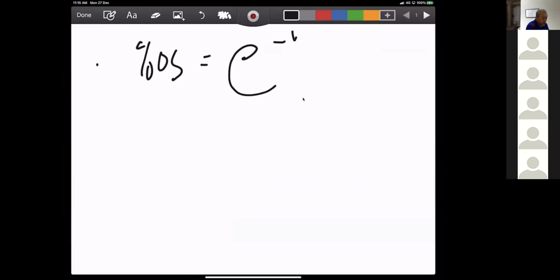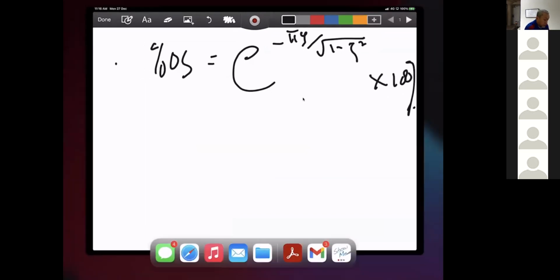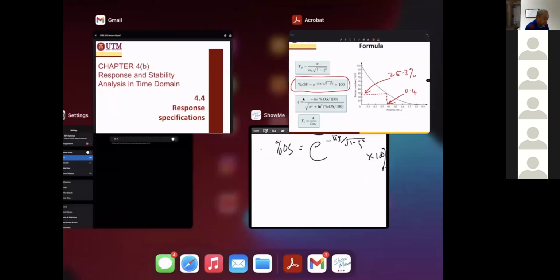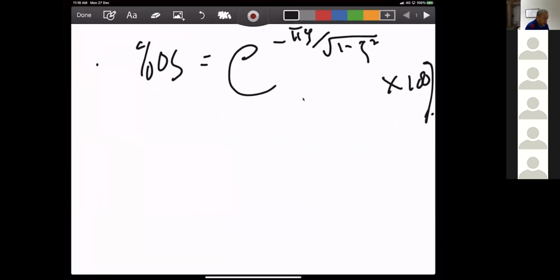Exponent minus. Right, okay, negative. So this is a 25.3% exponent.